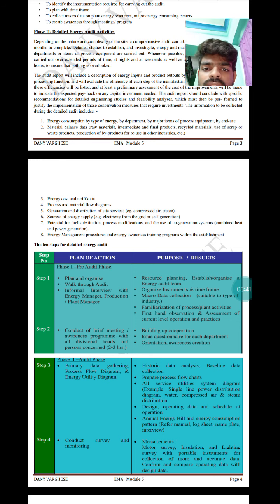All these parameters come under the second phase of the energy audit activities, with clear and different technologies and methodologies.